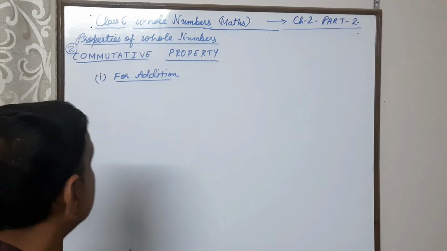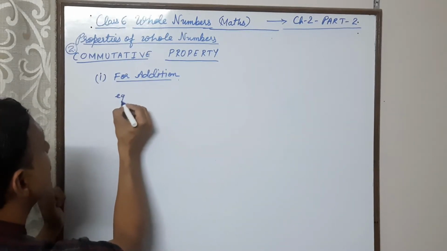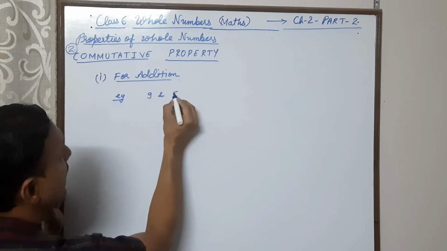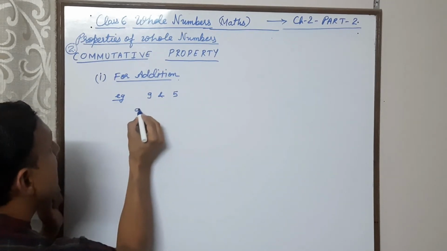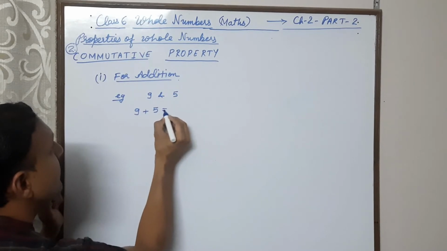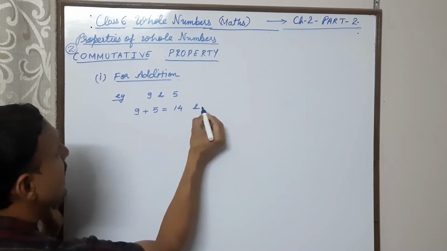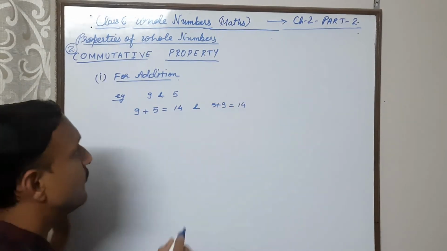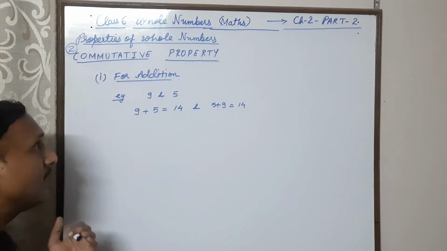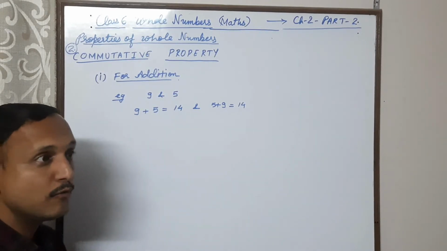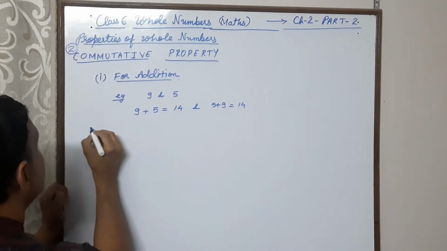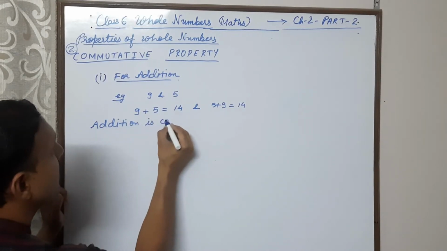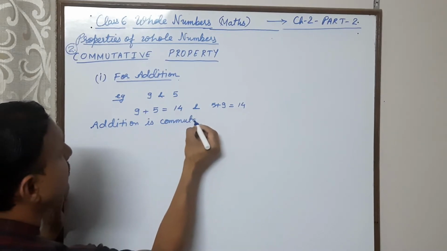Let us illustrate with an example. I have taken two numbers, 9 and 5. Now I am adding 9 and 5 together. 9 plus 5 is 14. And if I add 5 plus 9, again I am getting the same result, 14. Therefore, addition is commutative for whole numbers.